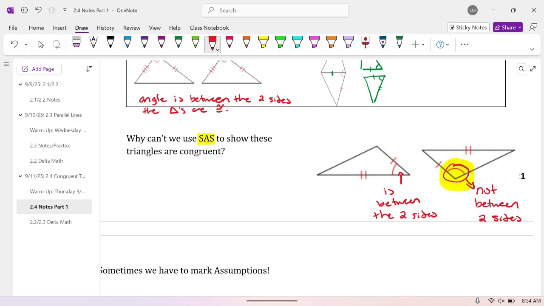All right, so make sure you're paying attention to that whenever I'm saying, okay, I know this is going to be true by SAS. Is it or is it not true? It's all about the order and placement of the angles and sides.